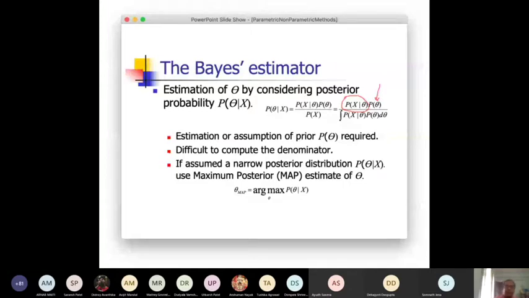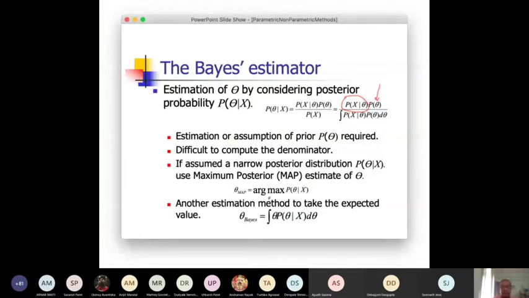So this is what you can do, or you can take the expectation over the distribution. That means the expectation of the parameter value considering the posterior distribution given the data. Posterior means, of course, given the data; that itself is the definition. So this computation you can also carry out.